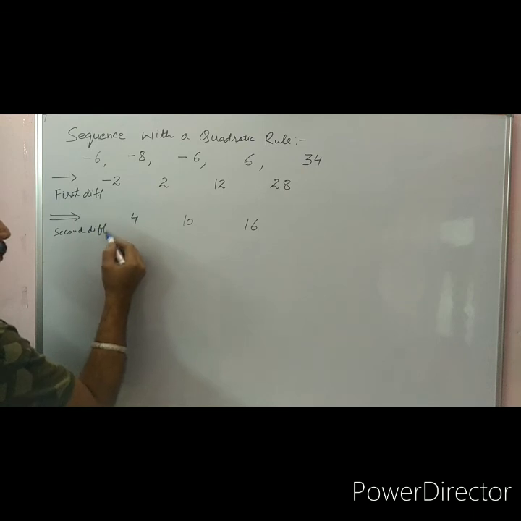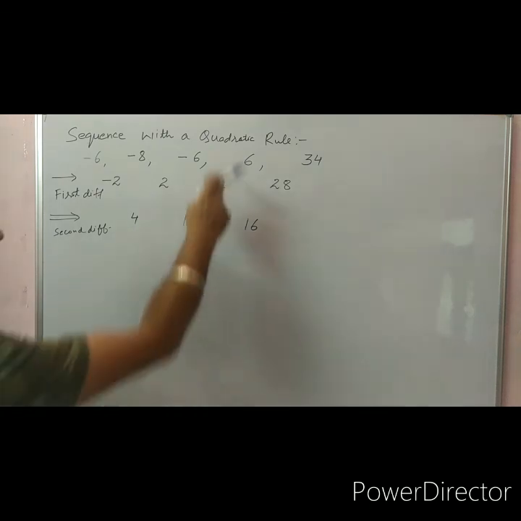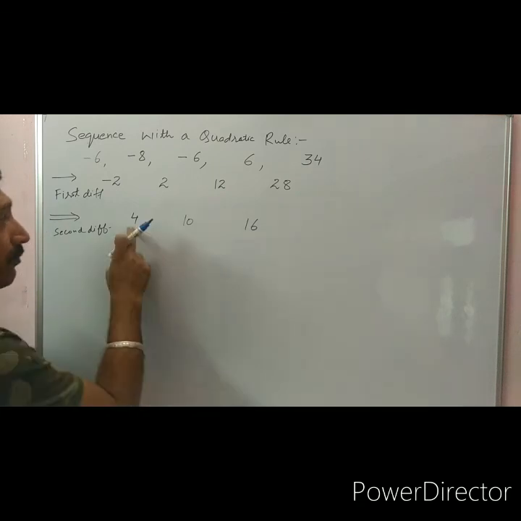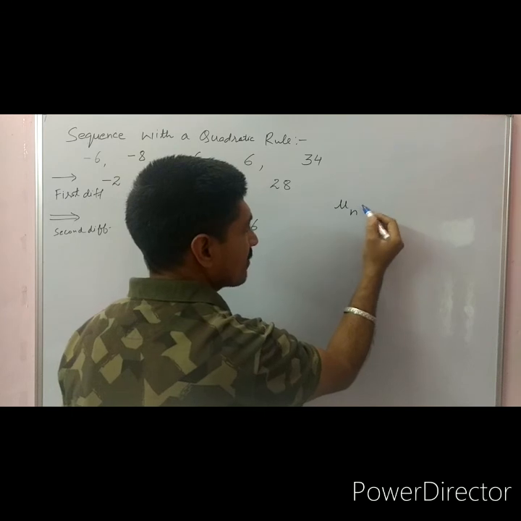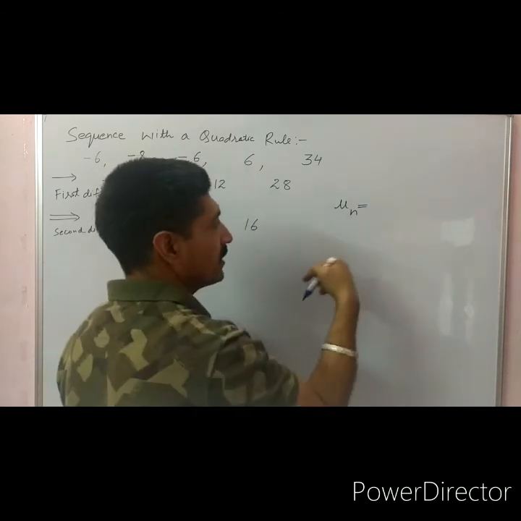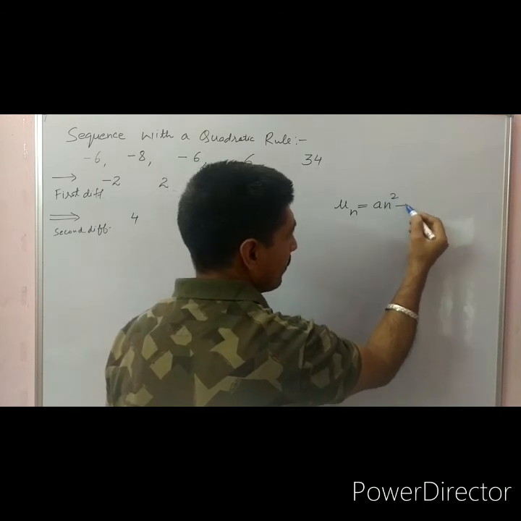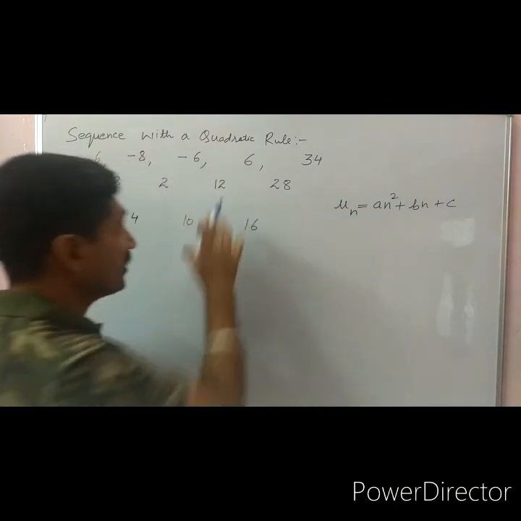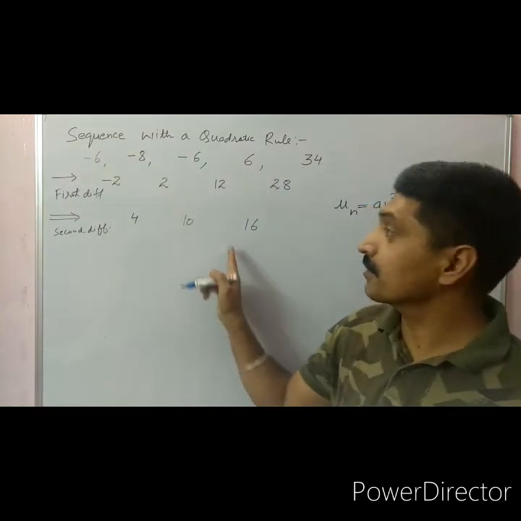Again, we don't have the same second difference, so we cannot apply the quadratic rule, because for the quadratic rule, the nth term of the sequence is equal to a n square plus b n plus c. But for this sequence we will go for the third difference.